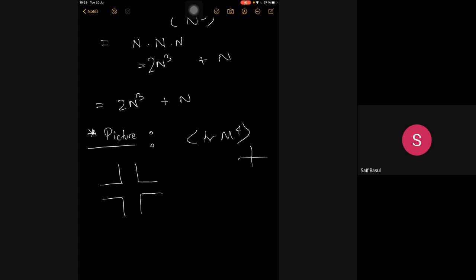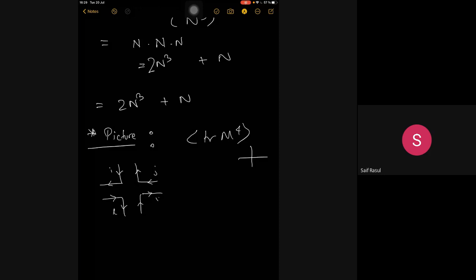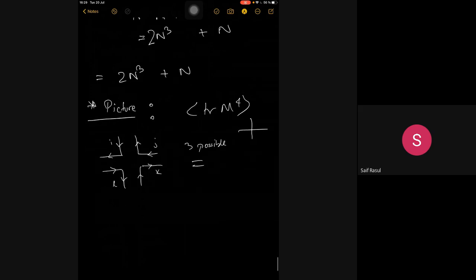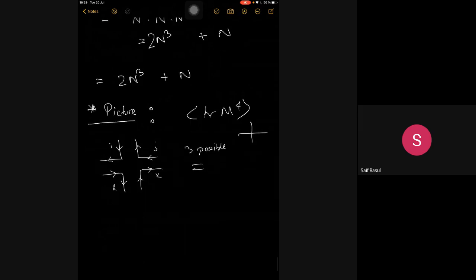Since now we are dealing with double lines, it looks something like this. I, L, and let's label this J, K, because I is going into L, J, K. So you have three possibilities here. If you remember, this is our x4. You have three possibilities here. That is, this contracts with this.